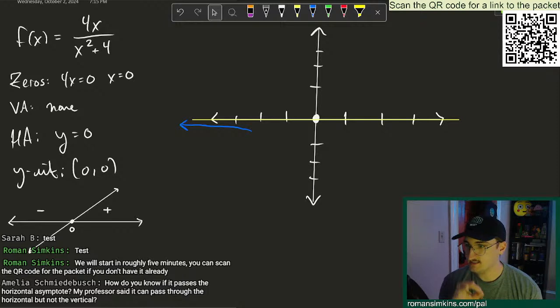Now, I need to have an intersection with the graph at the 0. And then after I make that intersection, I need to be positive for the rest of forever, right?